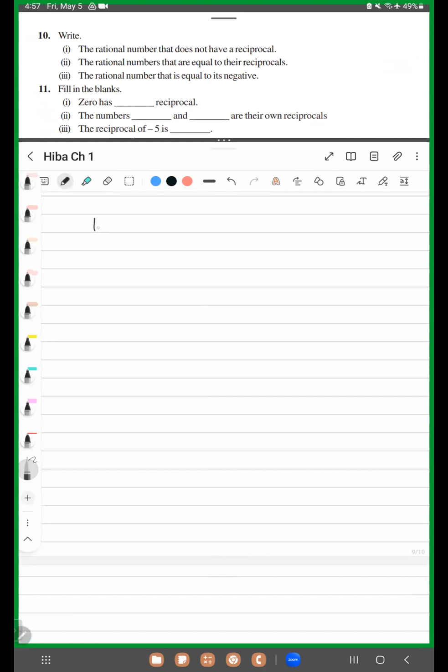It means 1 is the reciprocal of itself, right? What is the reciprocal of 1? 1 by 1. And that is equal to 1. So we can say that the reciprocal of 1 is itself, right? 1 is the reciprocal of itself. Can we say that? Oh yeah, I understood now. Similarly with minus 1 also.